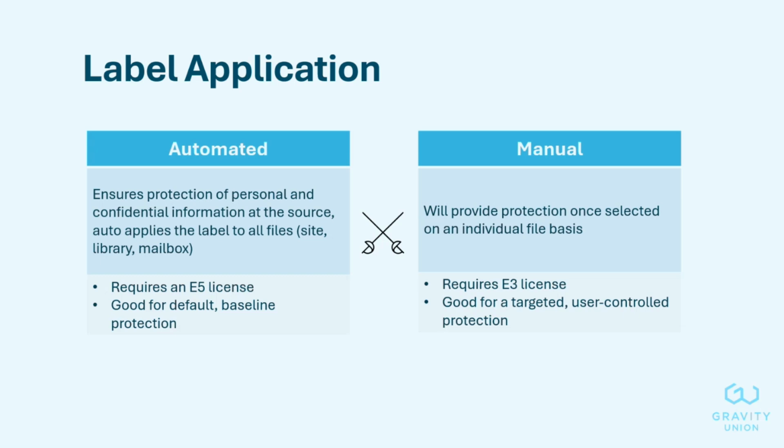Just all group enabled sites could have a container sensitivity label applied to them, or particularly for files of a certain type on a site, they would automatically get a sensitivity label of general or confidential applied to them. This does require that higher level E5 license.